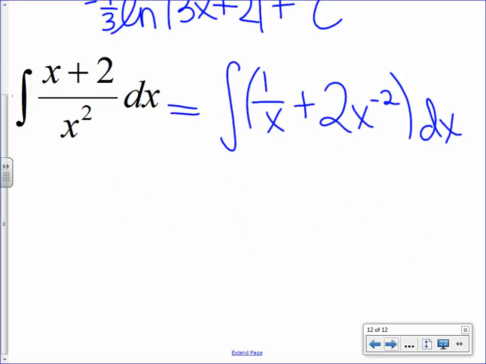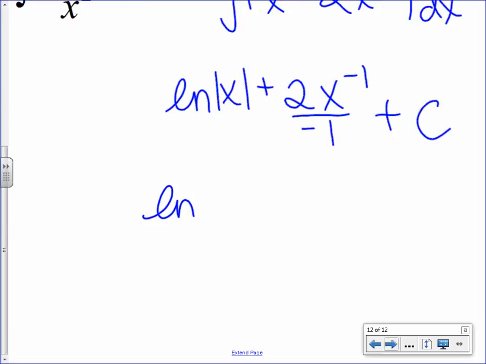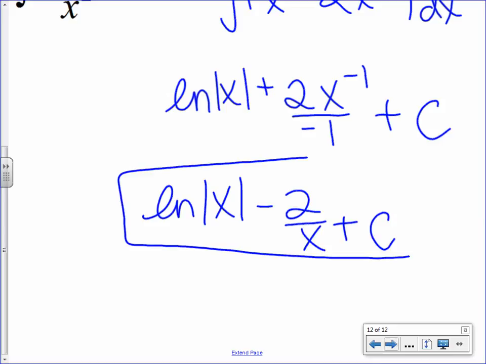So the antiderivative of 1 over x is natural log of the absolute value of x, plus 2 times x to the negative 1, divided by negative 1. Plus.